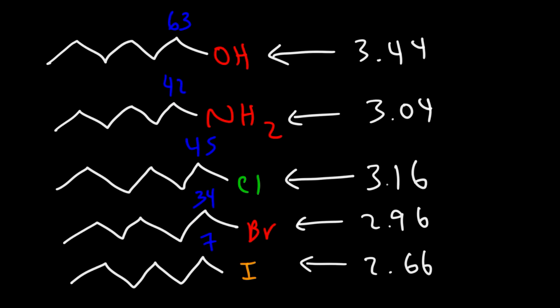So we could see that based on these molecules, electronegativity plays a role in the chemical shifts of the carbon that is attached to the electronegative atom. So the CO bond usually has a higher chemical shift than the CN bond.